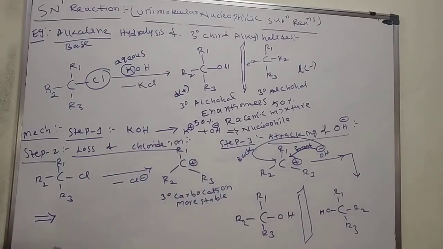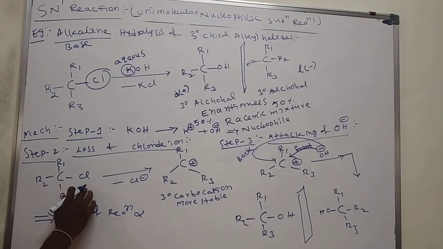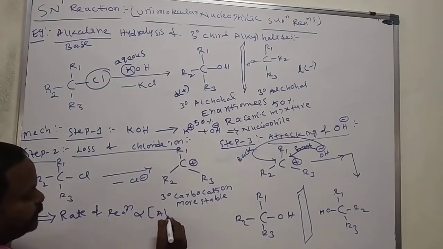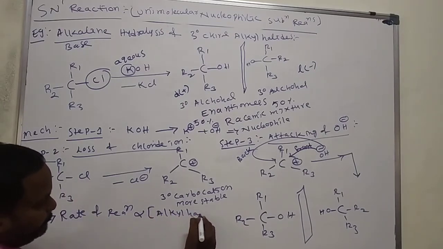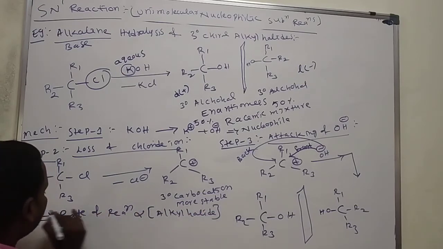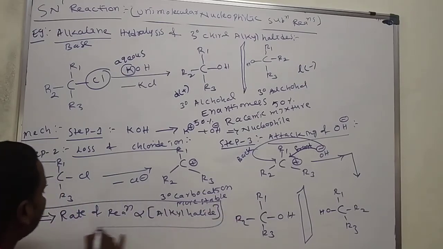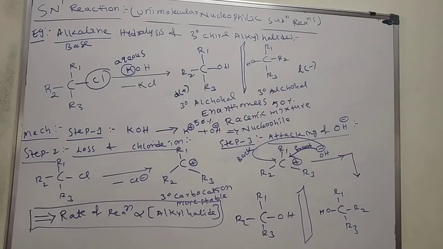That means the completion of the reaction, which we call the rate of reaction, depends on the concentration of alkyl halide. That's why it is called a unimolecular nucleophilic substitution reaction.